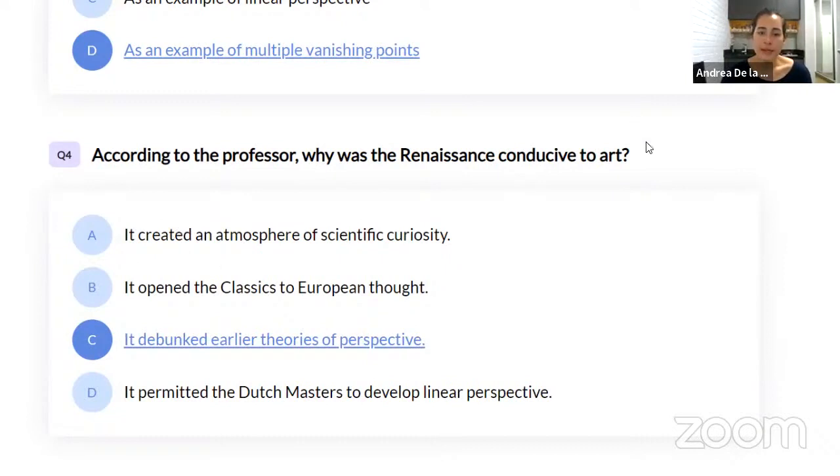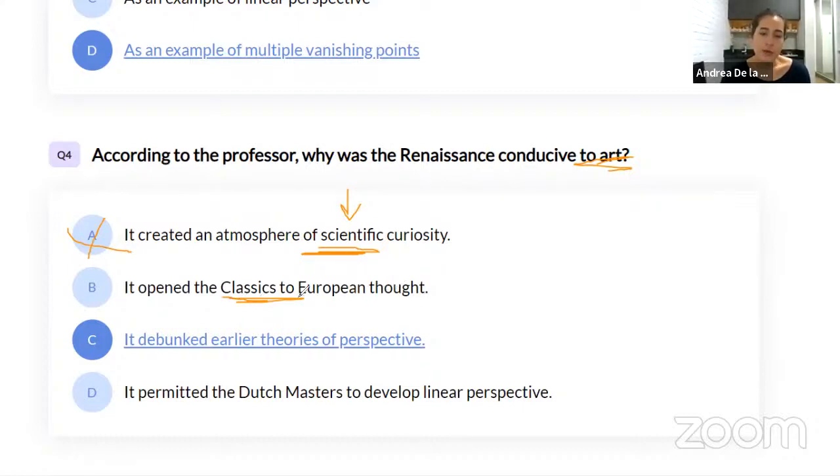Just another tip, to be logical. We know this was about perspective. So probably it created an atmosphere of scientific curiosity. I don't know, how is that related to art? How is that related to perspective? How is that related to the topic? Now, it opened the classics to European thought. So, I don't know, what does this have to do with anything, right?